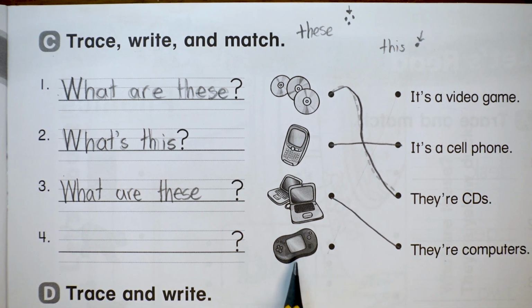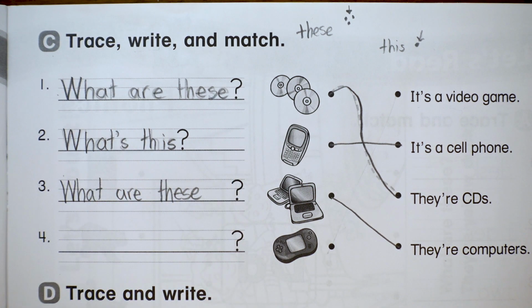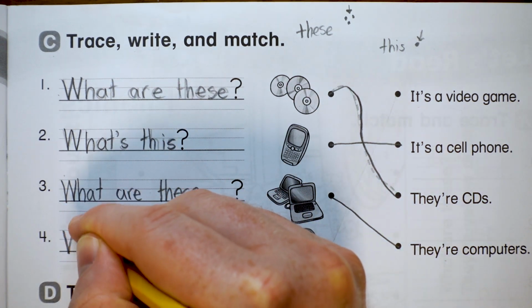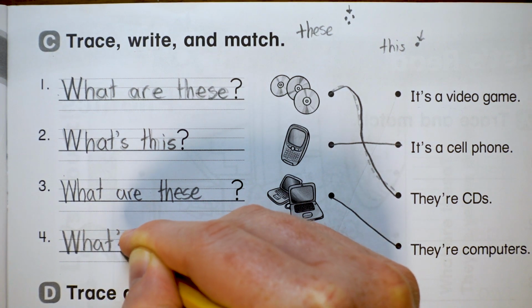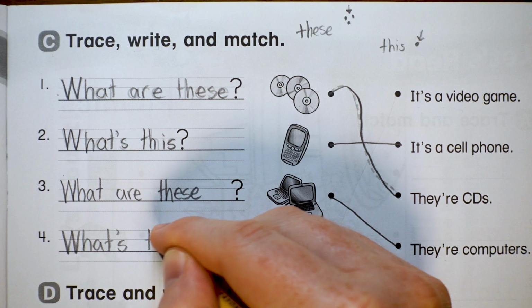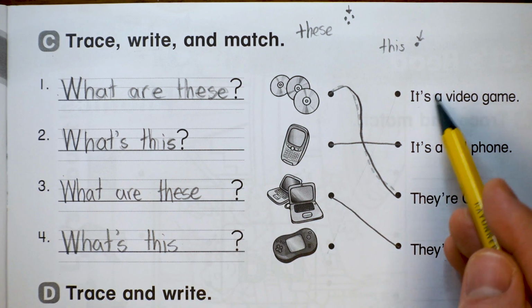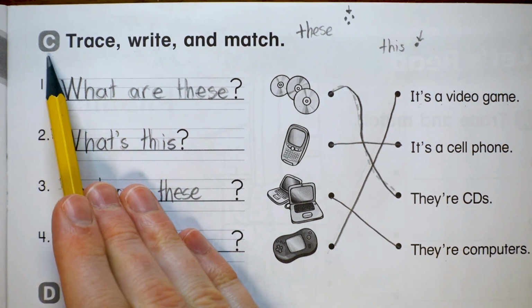Number 4. There's 1. So what should we write? What are these or what's this? Good, let's use what's this. Big WHAT apostrophe S space THIS. What's this? It's a video game. Part C is done.